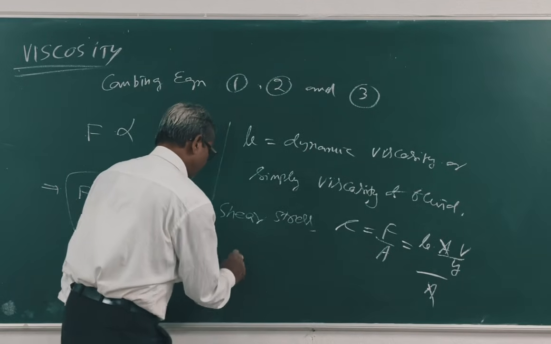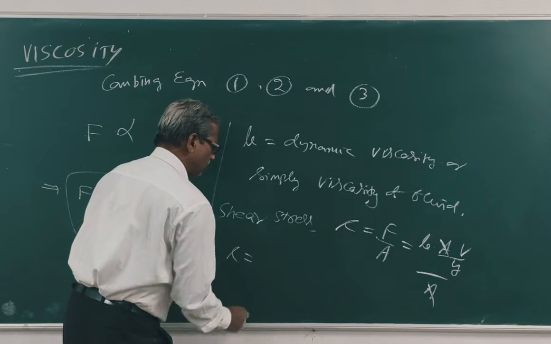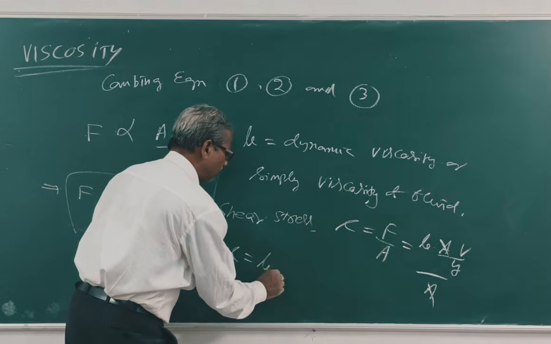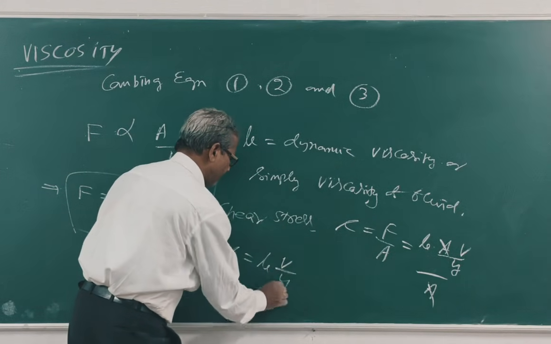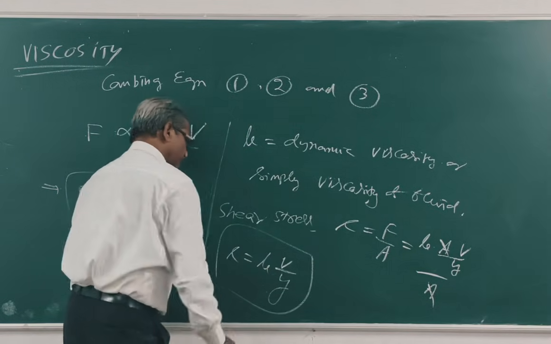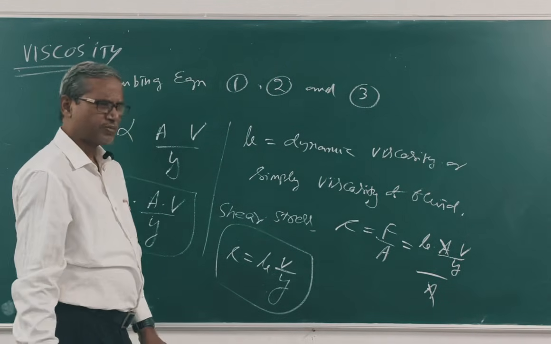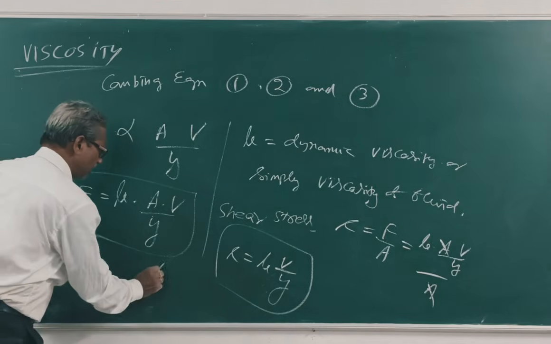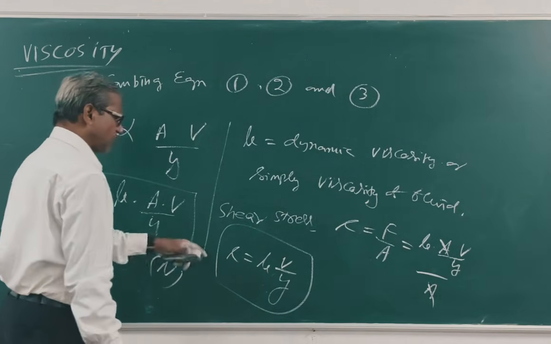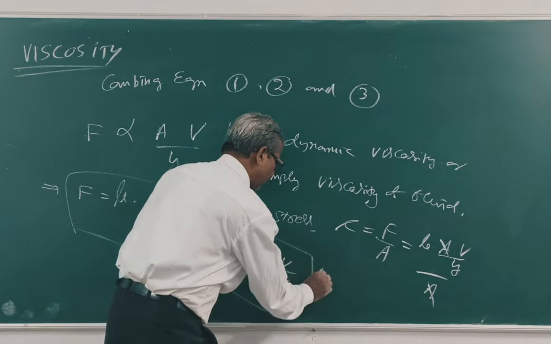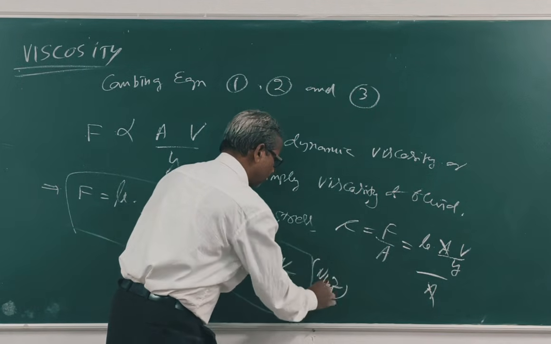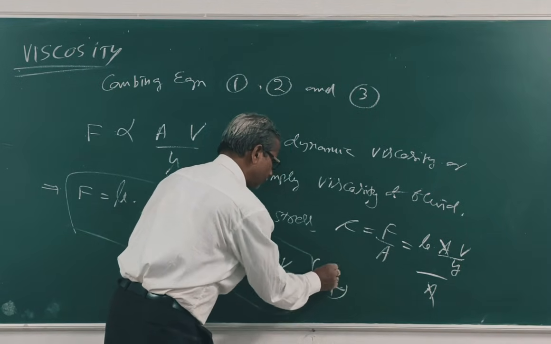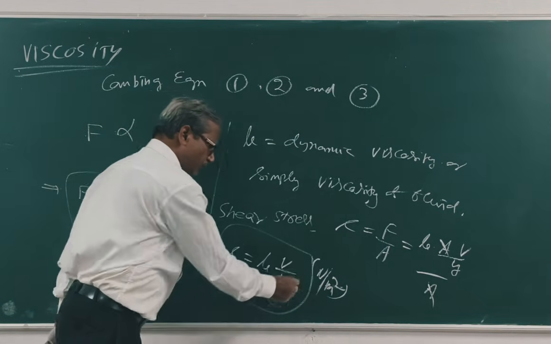So tau is equal to mu v by y. This is shear stress. What is the unit of shear force? Newton. What is the unit of shear stress? Newton per meter square, force by area. Clear?